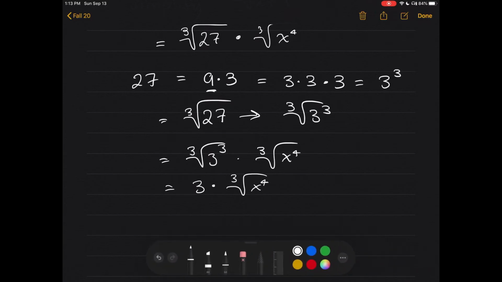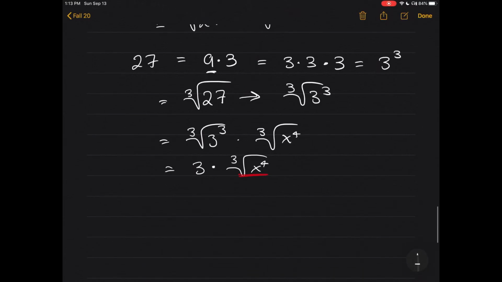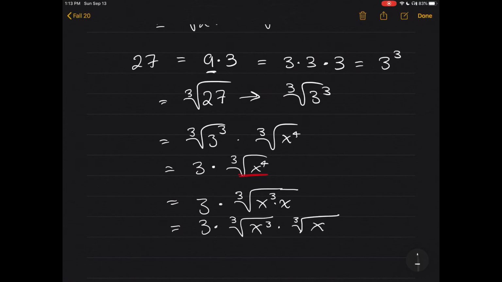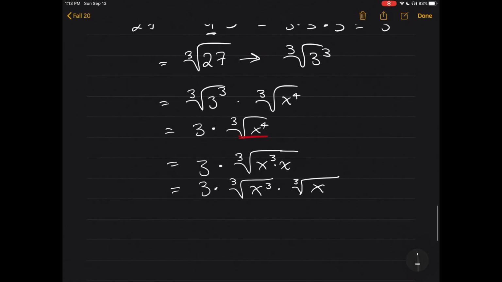Cool. What about this ugly business here? Well, let's pull some trickery. Let's do 3 times the cube root of x to the third times x, using that exponent rule. And then let's split it up again: 3 times the cube root of x to the third times the cube root of x, using that radical rule.